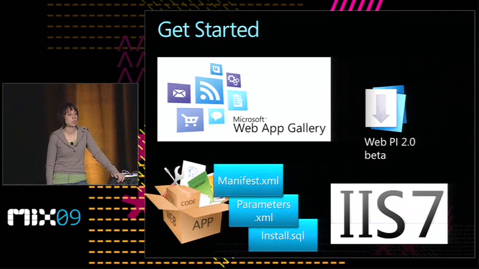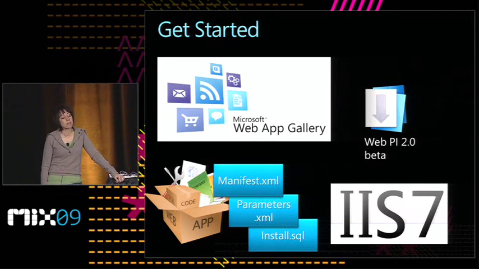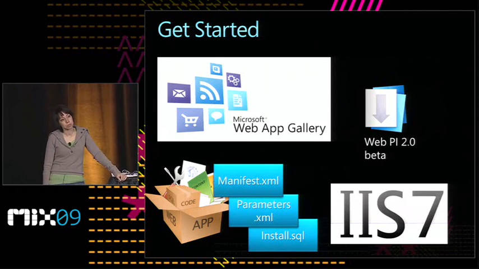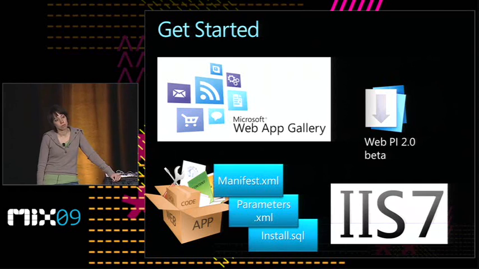And how about support for private app galleries? Let's say I've got 30 services that I want to publish for IT staff to deploy, have them pull them down and install on machines, but I don't want to publish it to your gallery. That's a great question.